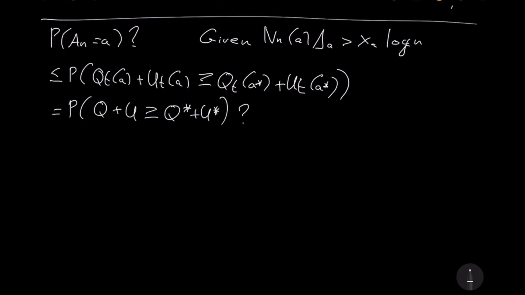Because we know that the probability of selecting action A is going to be smaller or equal to this probability. Because in order to select action A, you must at least have a larger value plus bound than the optimal action. Otherwise, you won't select it. And indeed, there might be other actions that you might select as well, but we don't even need to worry about those, it turns out.